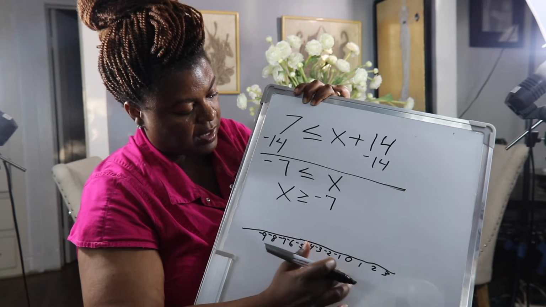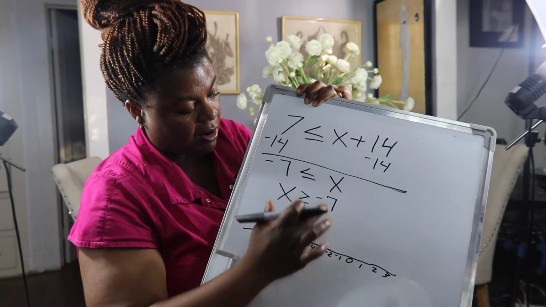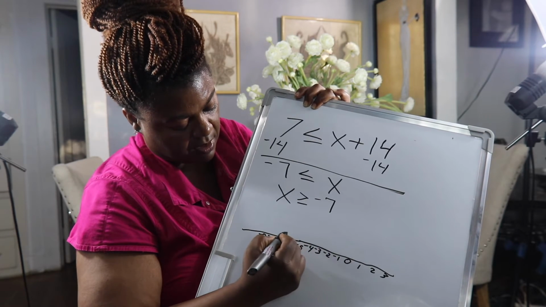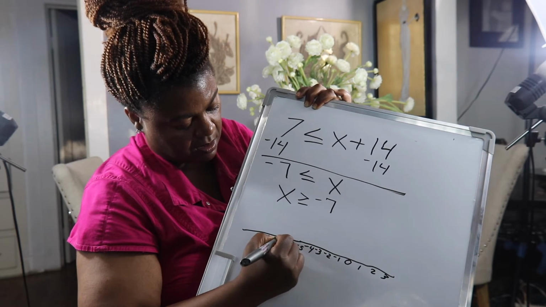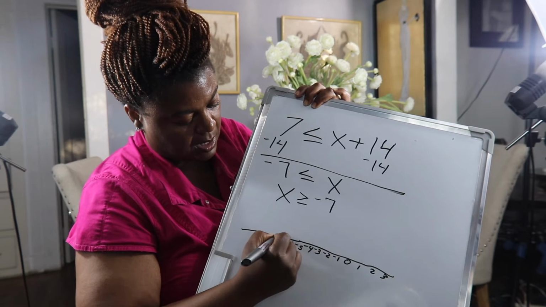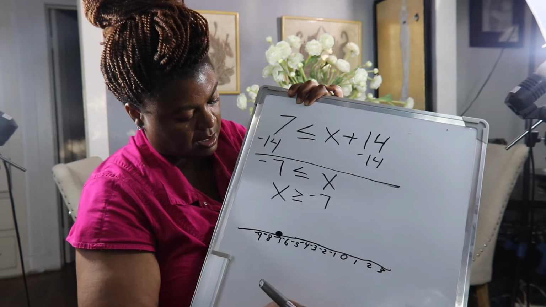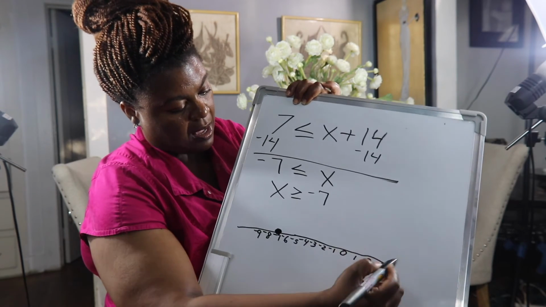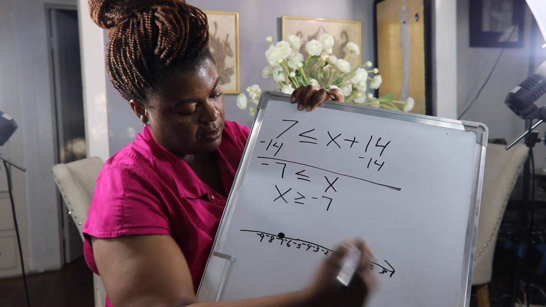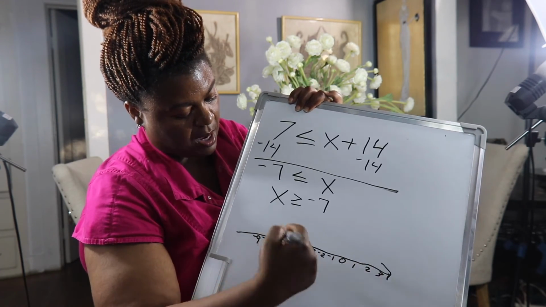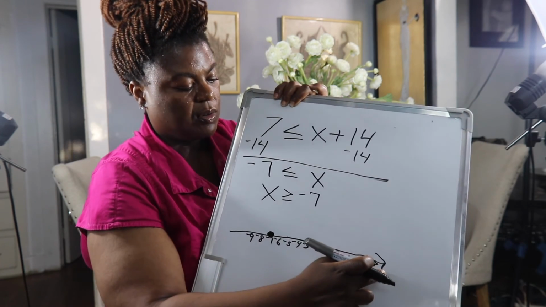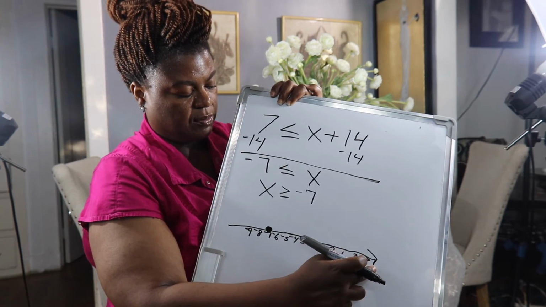All these numbers over here to the right, they are greater than this negative 7. So negative 7 is right here. And as you can see, I'm bubbling it in because it has a greater than or equal to sign. And I know my x is greater. It's lying somewhere to the right. So my arrow is going to be over here. Okay?